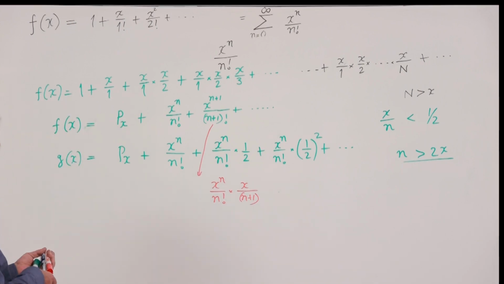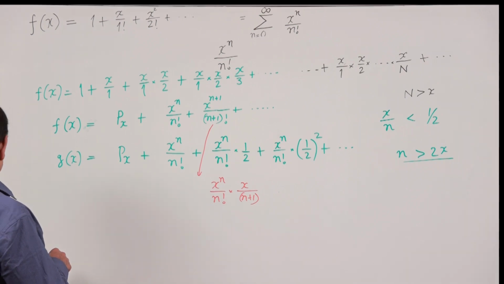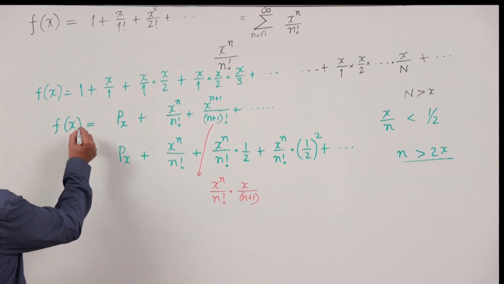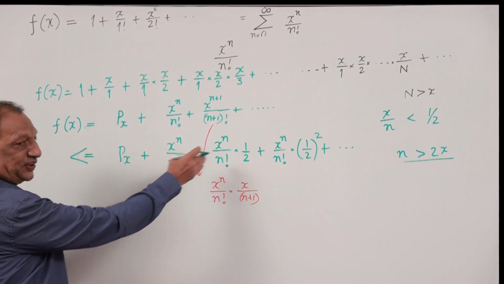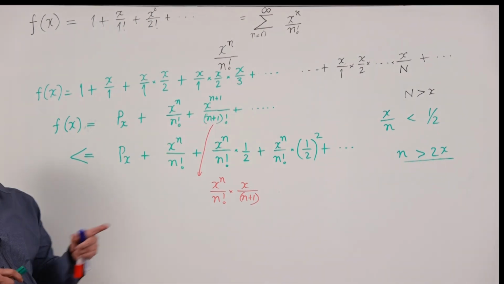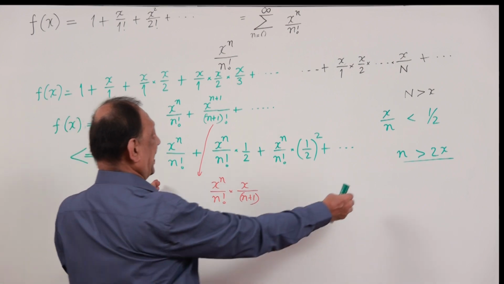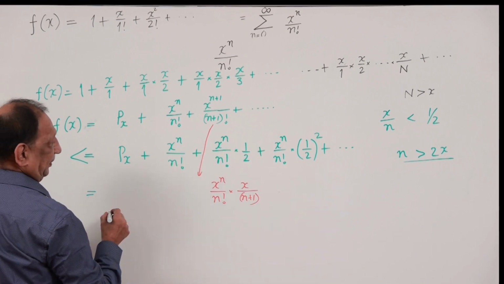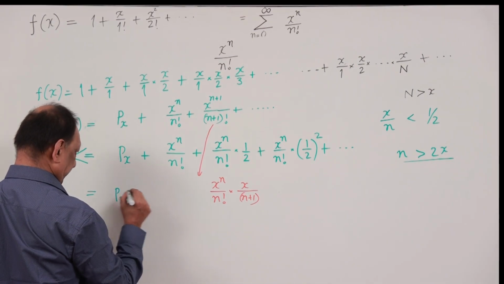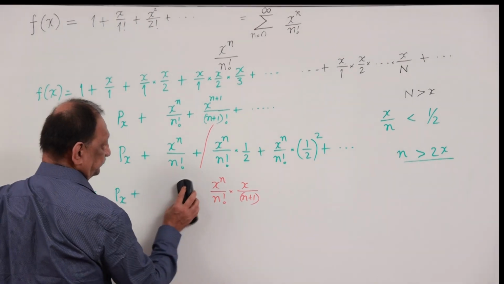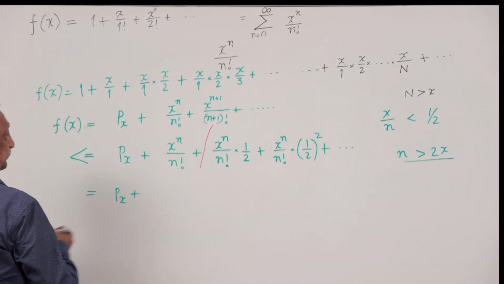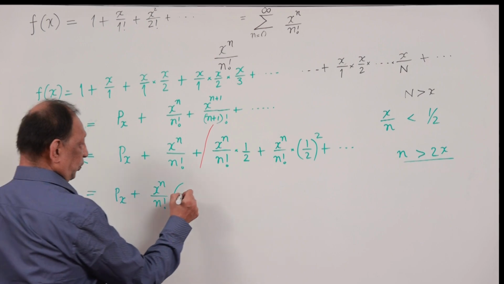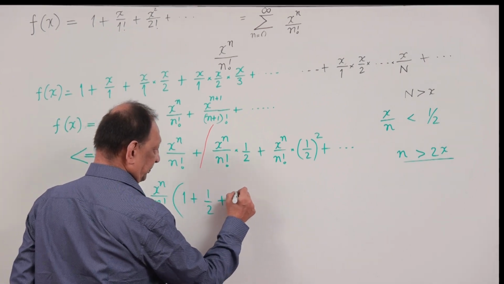Correct? So I could have written that as a less than or equal to. Instead of saying gx equal to, I could have said fx is less than or equal to px plus the series. Correct? Now this part you can see is a geometric series. So you can write that equal to, this you can actually calculate now. px plus x power n by n factorial is a common factor for all these terms. 1 plus half plus 1/4.